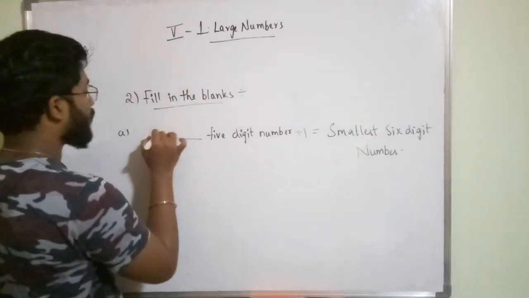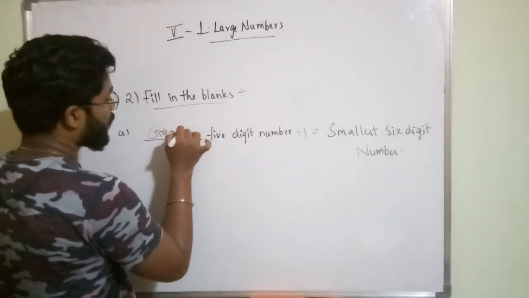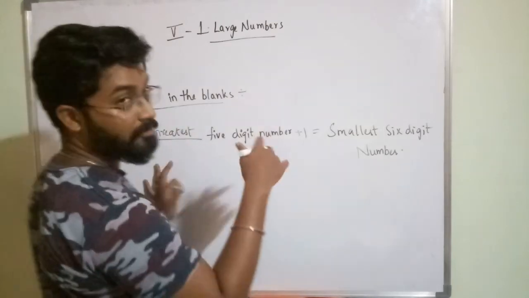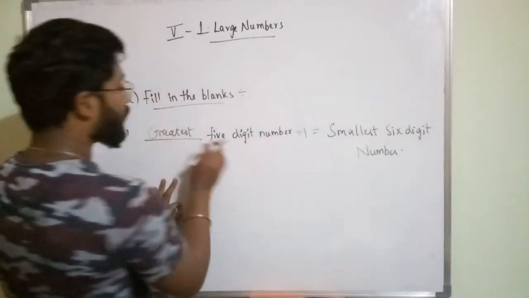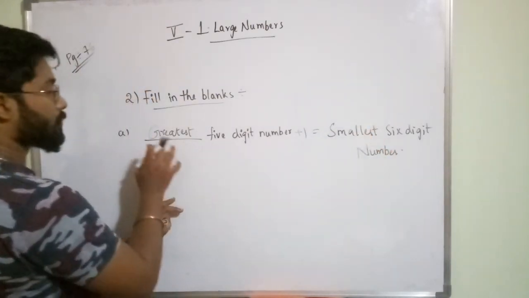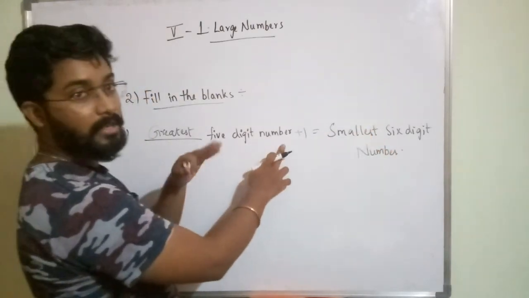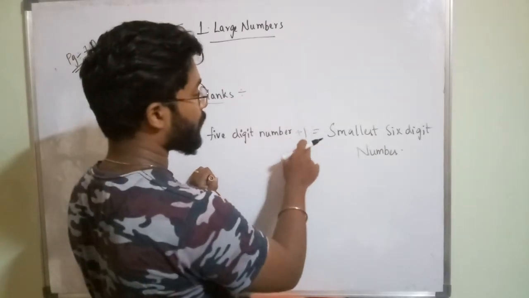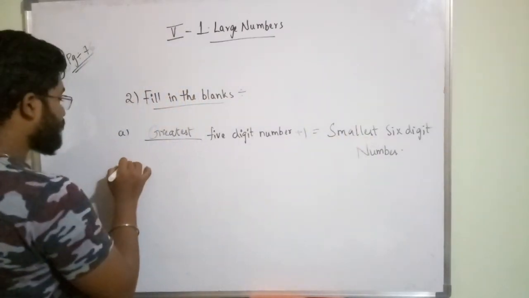Greatest is the answer. After greatest 5 digit number you will get the smallest 6 digit number. After means plus 1. So greatest 5 digit number plus 1 is equal to smallest 6 digit number.